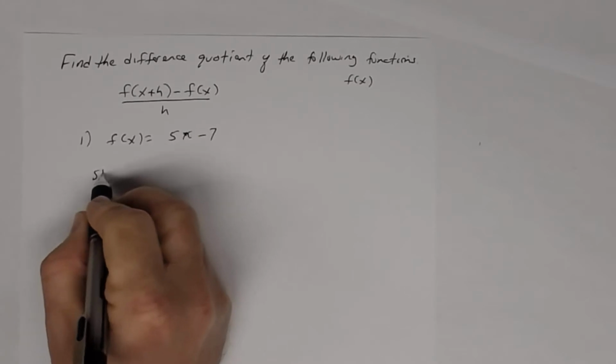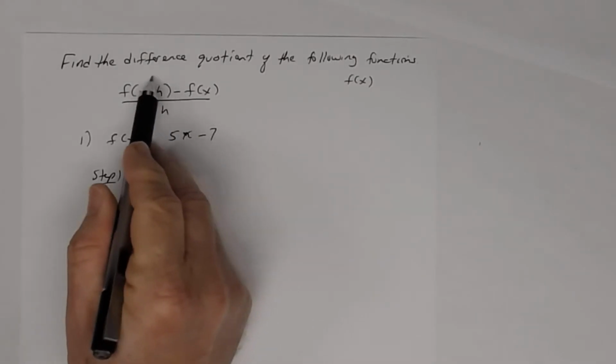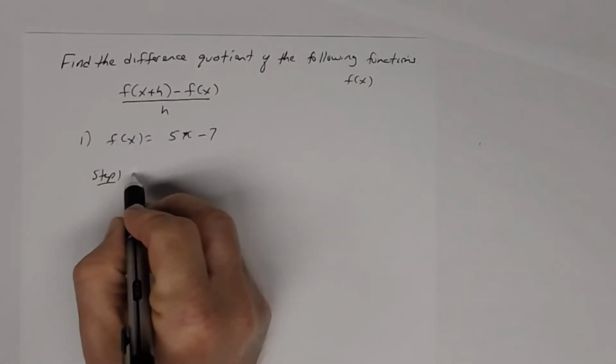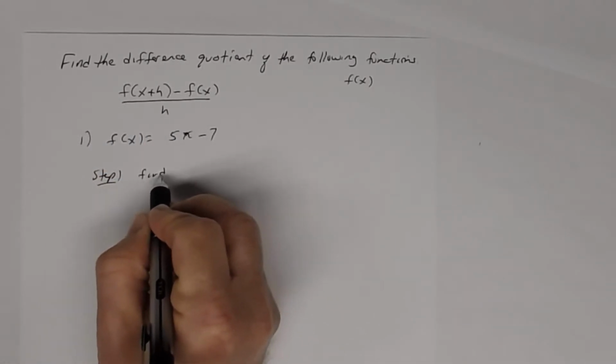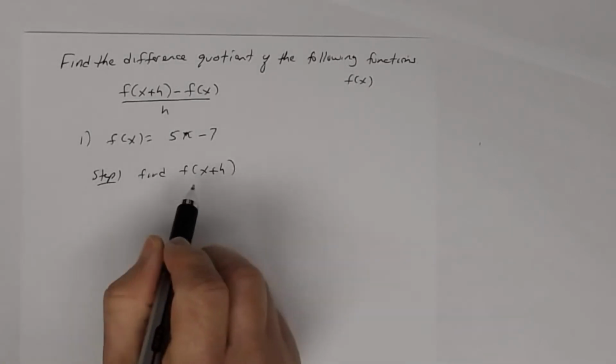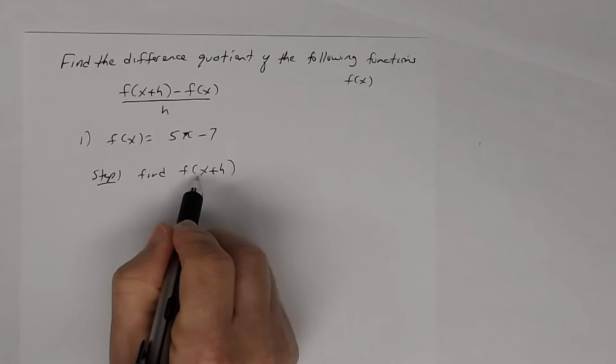So step one is we're going to find that first part of the numerator. Step one is to find f of x plus h. So let's go ahead and find what f of x plus h is.